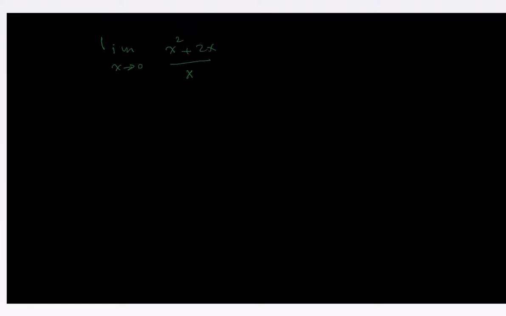Notice that by direct substitution, when x is equal to 0, we get 0 squared plus 2 times 0 divided by 0, which gives us 0 divided by 0, which is meaningless or undefined.